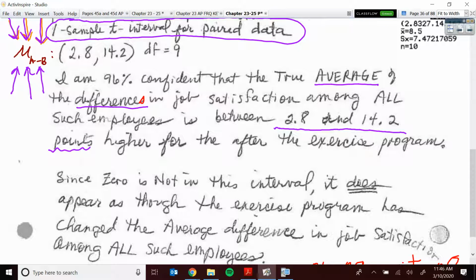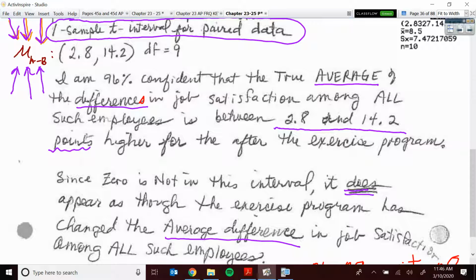And what does that say? There does appear to be an actual difference, or, since it's completely above, you could say an actual increase in the average job satisfaction of all the employees.